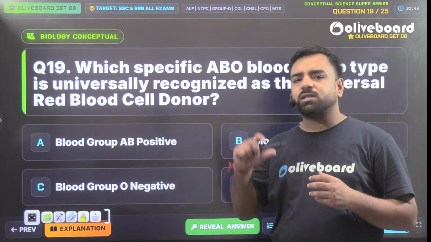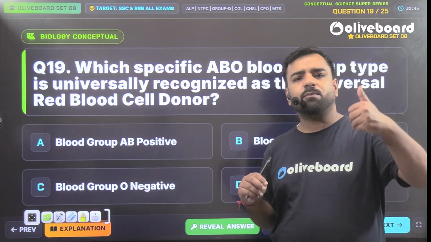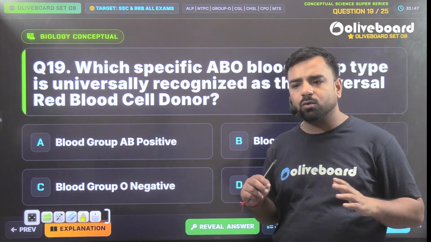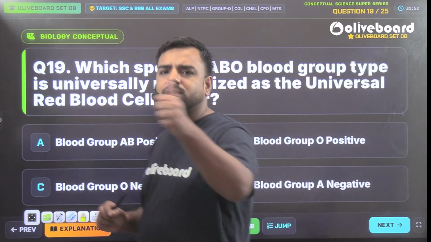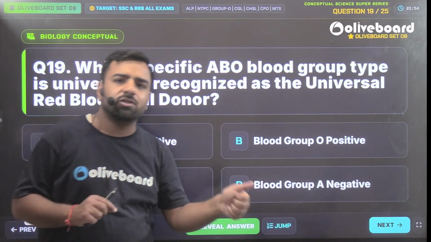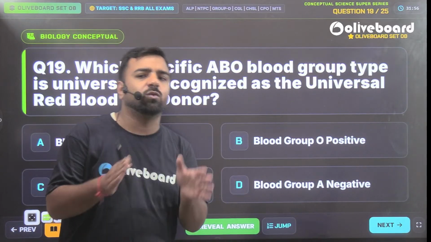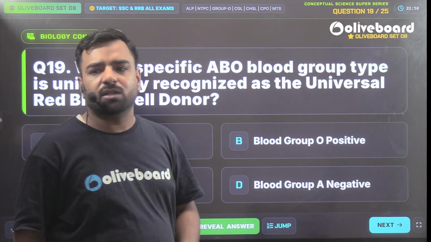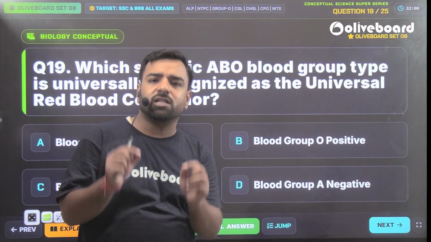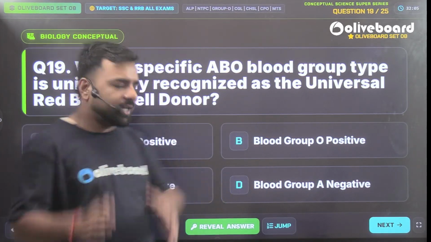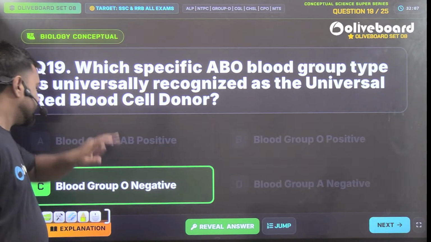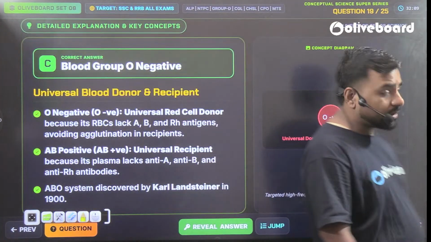Guys, O positive blood group can just donate blood to A positive, B positive, AB positive, and O positive. But O negative is the one that can donate blood to A positive, A negative, B positive, B negative, AB positive, AB negative, and also O positive and O negative. So which is the universal donor? So guys, O negative is the universal donor because it can donate blood to both positive and negative ones, and hence option number C is the correct answer, right?